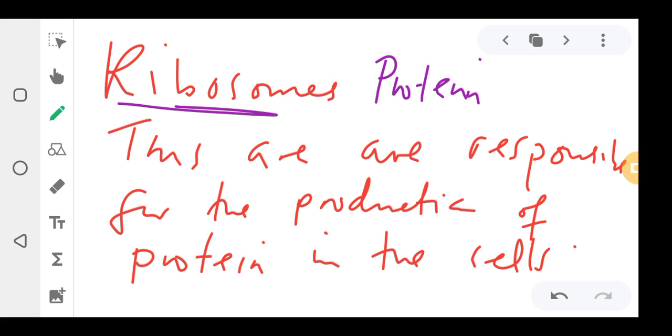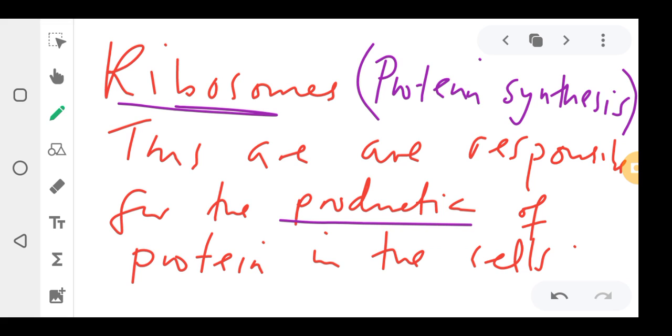So if they ask which part of the cell is responsible for protein synthesis, you should know it's ribosomes, because to synthesize means to produce.